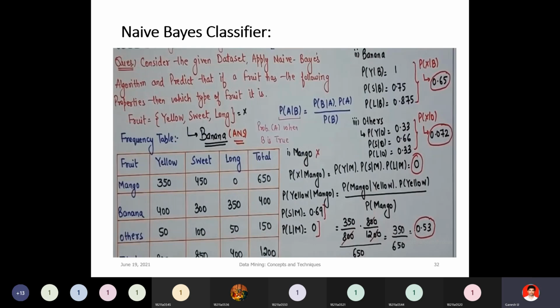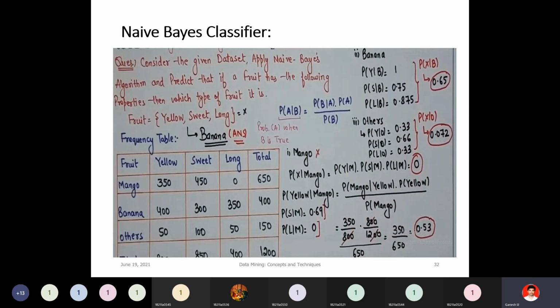So what do we have to do now? First, we have the frequency table. We have to apply this formula. This is very important: Bayes theorem. P of A by B equals P of B by A into P of A by P of B. In maths also you have seen this formula.